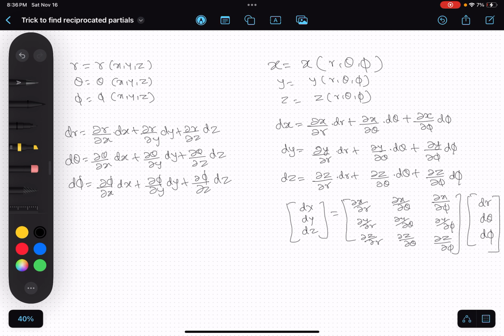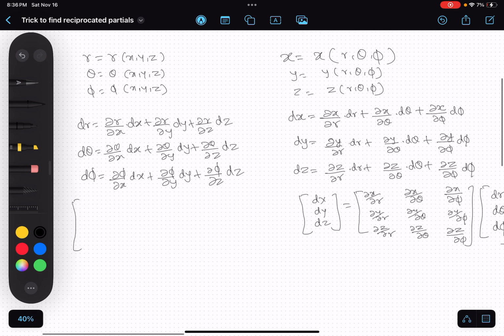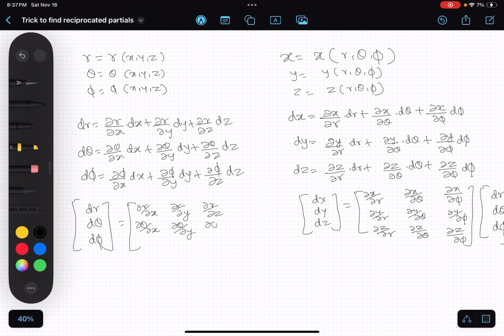Now again, if I write this in matrix form, I will get the vector dr d theta d phi as partial r by partial x, partial r by partial y, partial r by partial z, partial theta by partial x, partial theta by partial y, partial theta by partial z, partial phi by partial x, partial phi by partial y, partial phi by partial z, times dx dy dz, right?